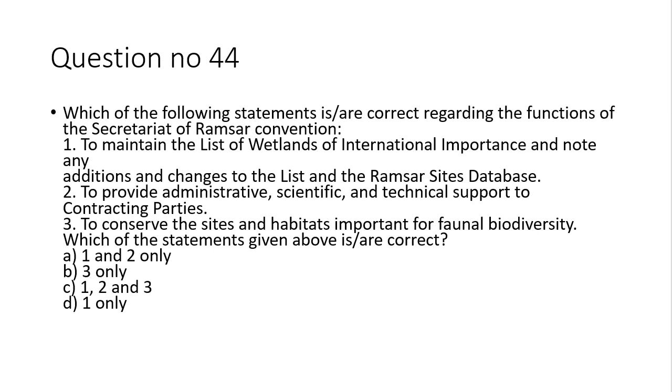Next comes question number 44. Question number 44 is about the Ramsar Convention. The question is, which of the following statements is correct regarding the function of the Secretariat of the Ramsar Convention? See, the Ramsar Convention came into force in 1974. And this convention seeks to protect wetlands.